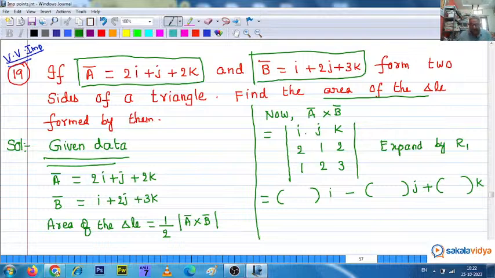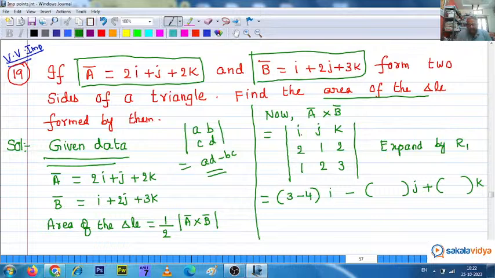So, deleting this row and this column, you will be getting 1, 2, 2, 3. The determinant of a 2 by 2 matrix A, B, C, D is nothing but AD minus BC, you remember. Using this concept, the determinant of 1, 2, 2, 3 is 3 minus 4, clear.